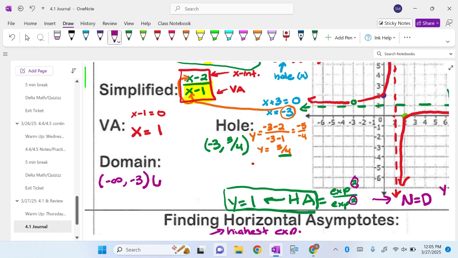Then I'm going to draw my union symbol because it picks up again after -3 to where? At what x value? At 1. Put another union symbol, and it goes from 1 to where? Positive infinity. So this right here would be how I write my domain.